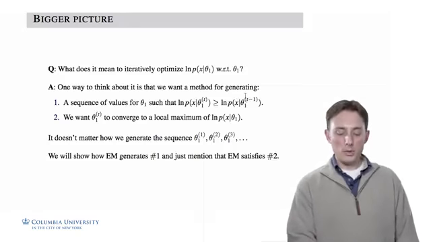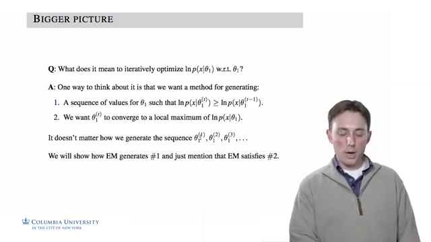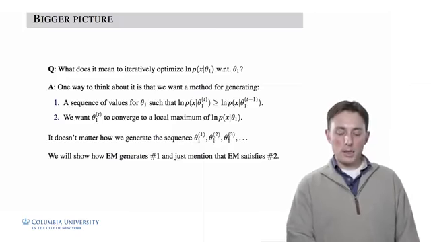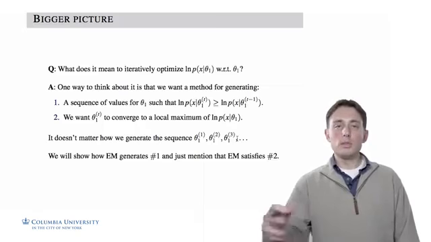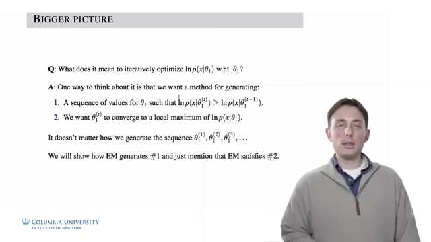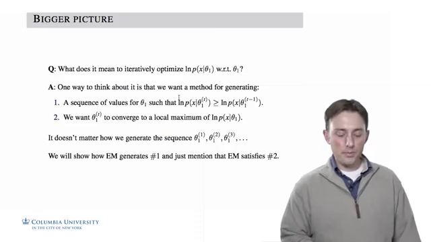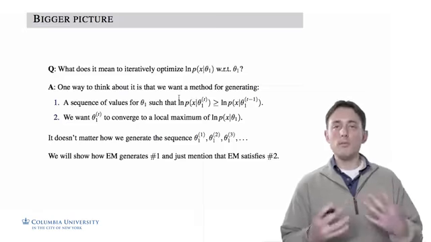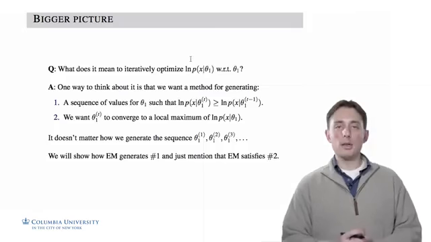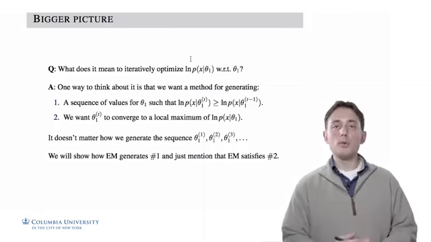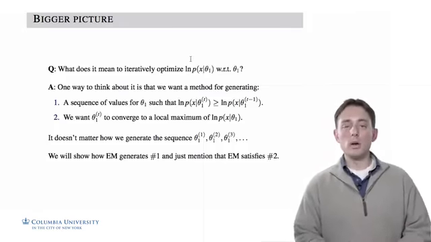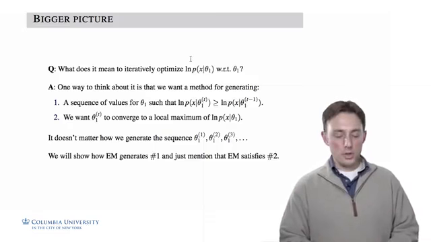So these values for theta 1 are being output to us as a function of iteration, the first, second, third, and fourth iteration, and so on. And if we plug in the sequence of values, we're monotonically increasing this log likelihood. That's intuitively what it means to optimize this thing. We also have to then prove that the sequence is converging to a local optimal solution.